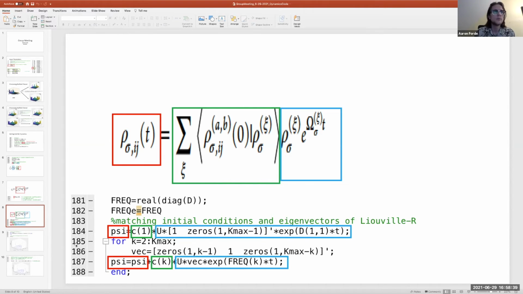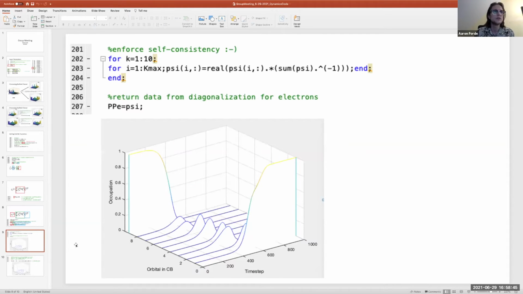And then once MATLAB goes through and computes the dynamics, you can plot the changes in psi by plotting this PPE.